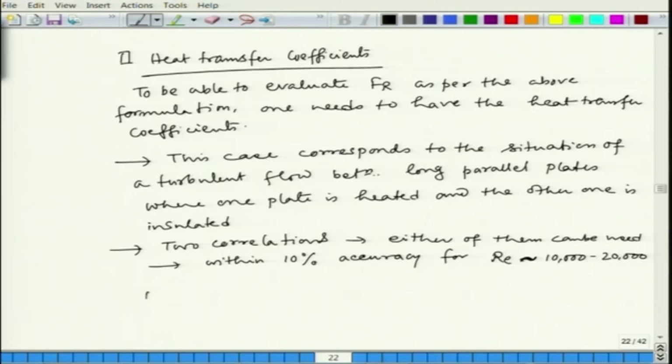So, what are the correlations? One is Nusselt number is equal to 0.158 Reynolds number to the power 0.8. Okay. So, these are the non-dimensional numbers, you know them, I am not going into detail of that, I am just providing the correlation so that you can use them while you solve the numerical problems.